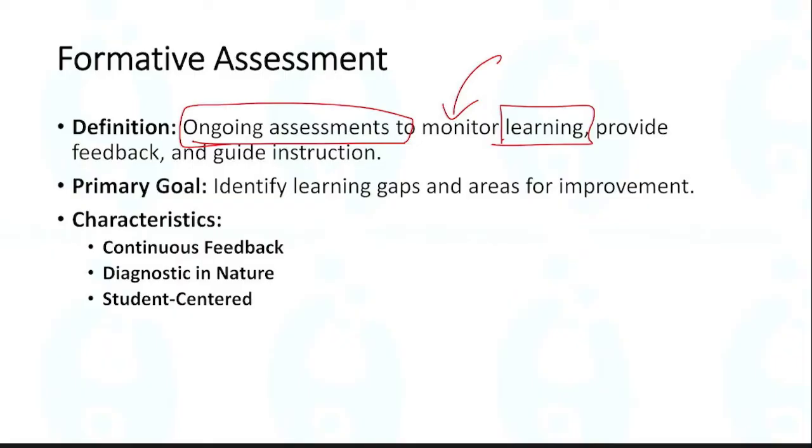In between the classes, the teacher might ask the students short questions to understand if they grasp the particular topic or not, right? So the primary goal is to identify any learning gaps, if present. The teacher can understand and try to explain more, thereby improving their teaching methodology and improving the retention in the students, okay.